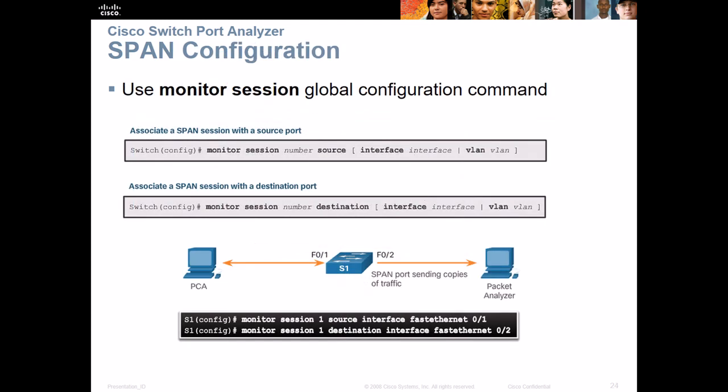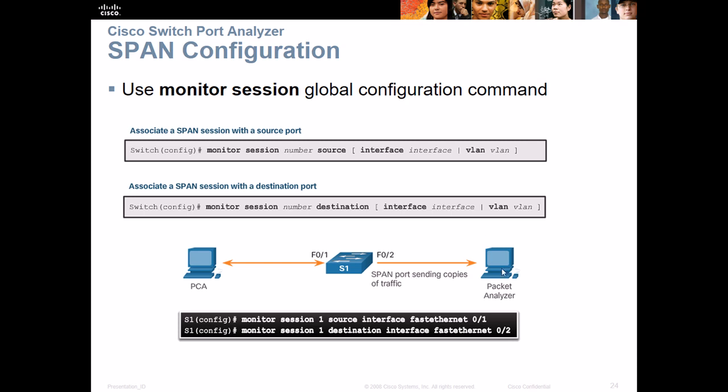All right. And here are the commands to set it up. We'll be able to do something like this in class 2. You can say FastEthernet 0/1 is going to be the source where the information is coming in, and FastEthernet 0/2 is going to be the destination. That's it. You use monitor session 1, source, destination, and you're all good to go. The SPAN is set.